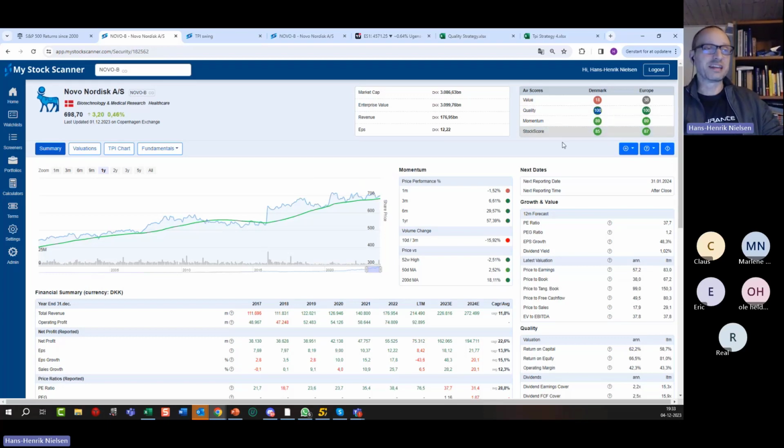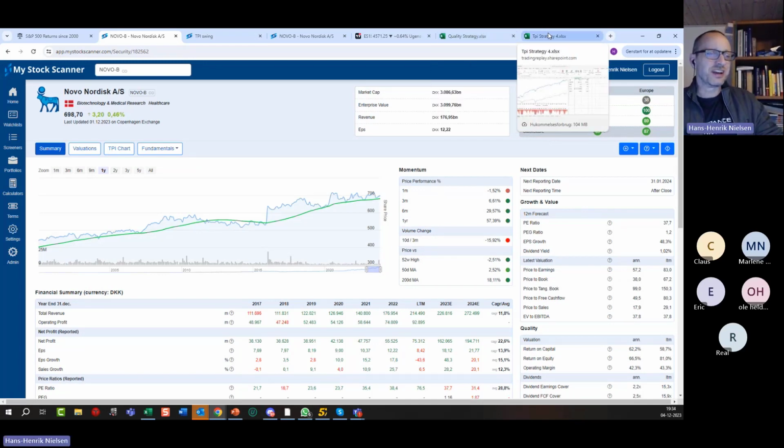It is better than basically 100%, or 99.5%, of all the stocks in Denmark and in Europe as well. So when I'm talking about stock scores in a second, it is because we are also building strategies on some of these stock scores here.